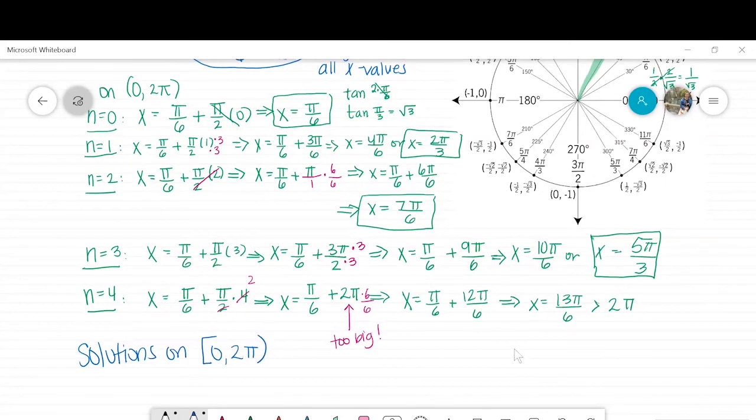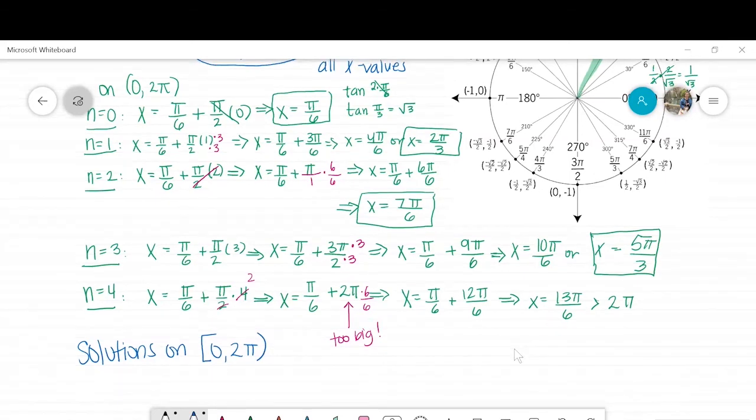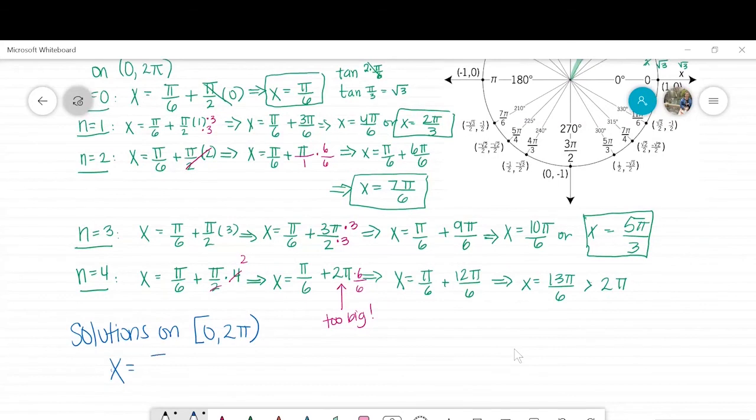But our solutions here are x is equal to pi over 6, that's 1, 2 pi over 3, that's a second one, 7 pi over 6, a third one, and 5 pi over 3. Those are our 4 answers.